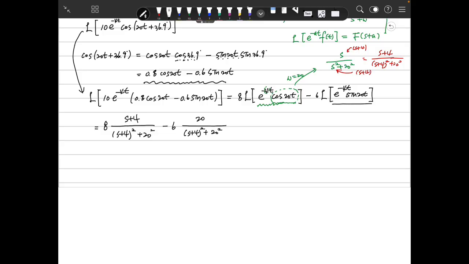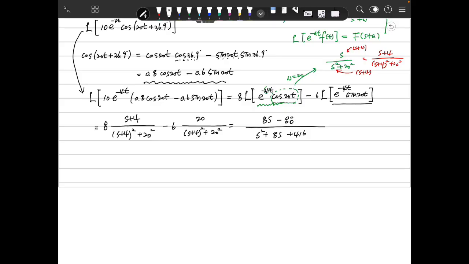In this case, this is sine, this is 20. So we need to simplify that. It is 8s plus 416 is 8s minus 88 over s square plus a square. So that's a way how to get the Laplace transform.